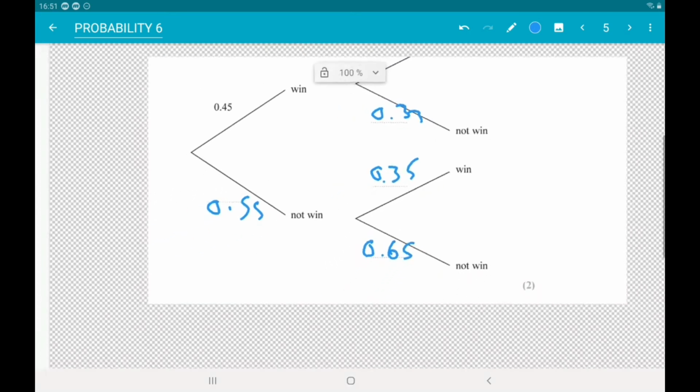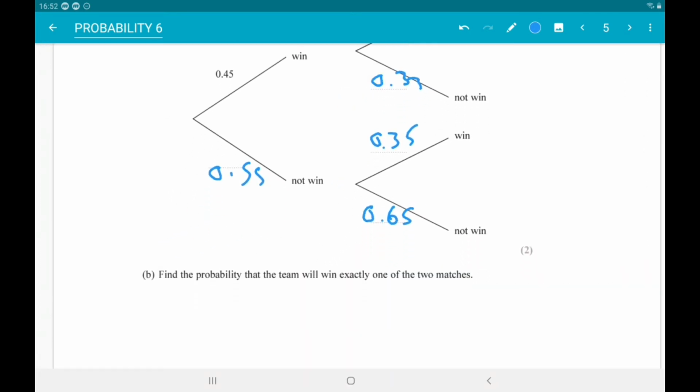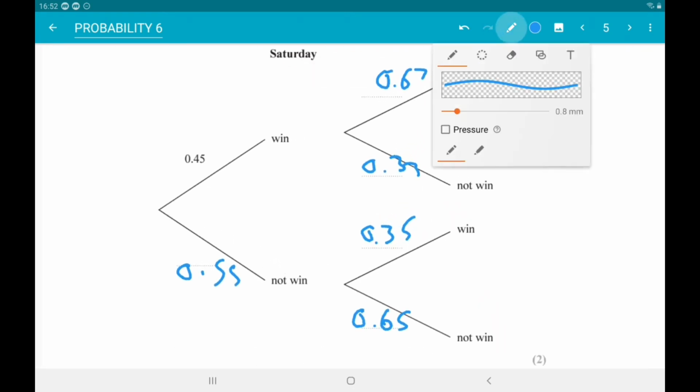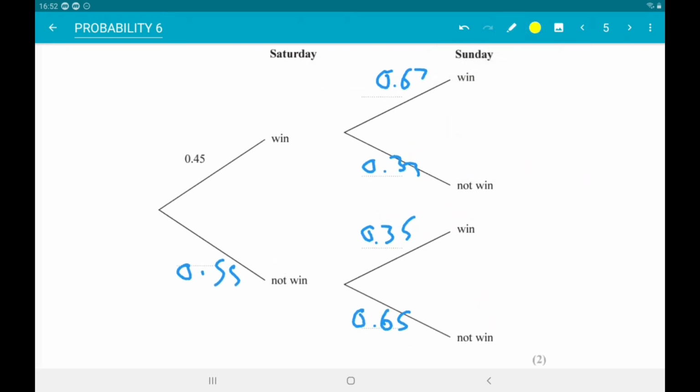Okay, then part B, find the probability they win exactly one of their matches. So, we want win and not win.